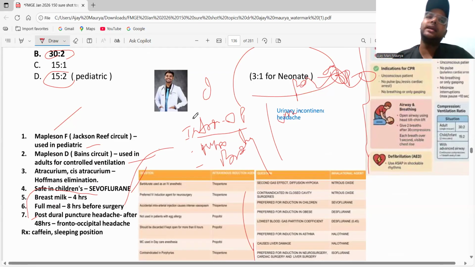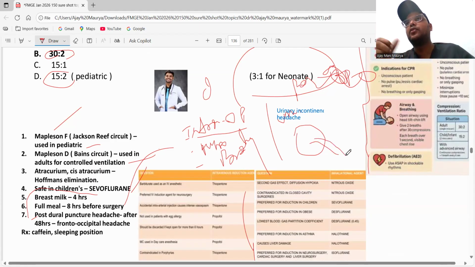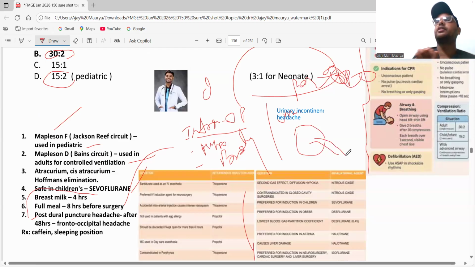Why does post-dural headache occur? During spinal anesthesia, when we do the puncture, a few drops of CSF may leak out. Obviously it will leak out. Because of that leaking, there is a reduced amount of CSF around the brain also.